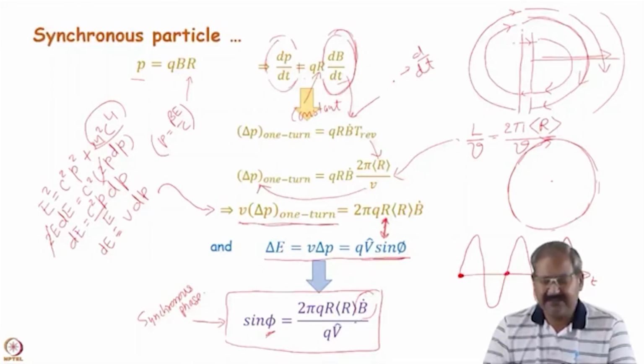As we raise the magnet field B, the synchronous phase phi changes, the particle reaches the synchronous phase here, say, and it gets energy. This mode of operation, in which we ramp the magnetic field and the energy increases, is the boosting mode of the synchrotron.